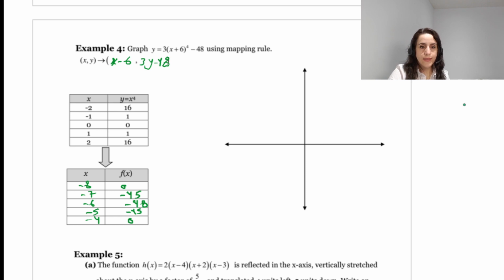Looks like I need a big number here. For the y value I need a negative number, and I'd like to go negative 10, negative 20. Oh, it looks like that is still not enough.